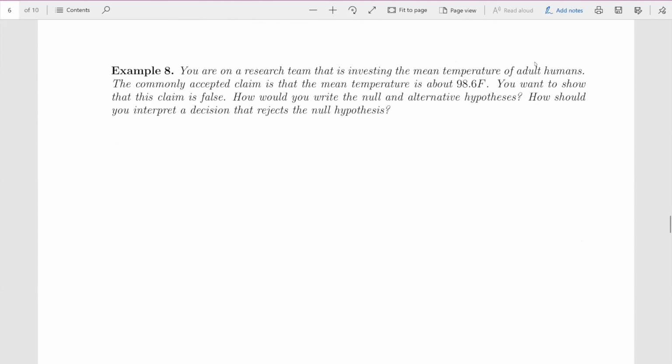Example number 8, you're on a research team that is investigating the mean temperature of adult humans. A commonly accepted claim is that the mean temperature is about 98.6. You want to show that this claim is false. Write your null and alternative hypothesis.